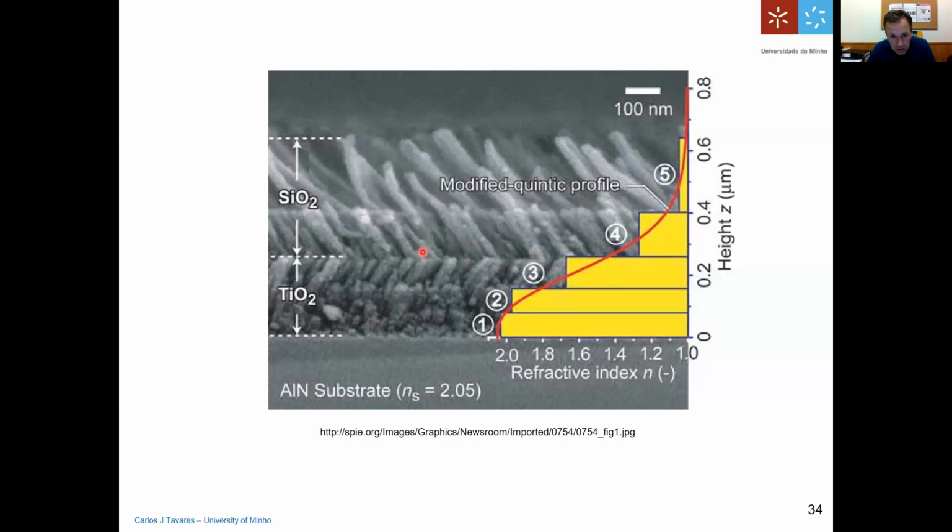And here you can see that the silicon dioxide grows in filaments, in these kinds of columns, which are actually oblique, okay? And when you successively increase the porosity, you reach a part of the film where you have lots of spaces without material, okay? And so, of course, the refractive index here has to be close to that of air, which is on top, which is 1. And so you have a composite material, stacked in different layers with varying degrees of porosity. And the objective is to decrease the refractive index from 2.0 or 2.05 to close to 1.